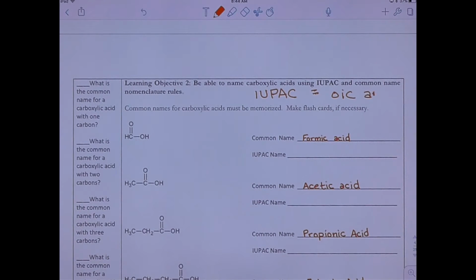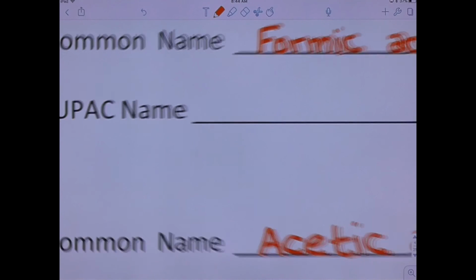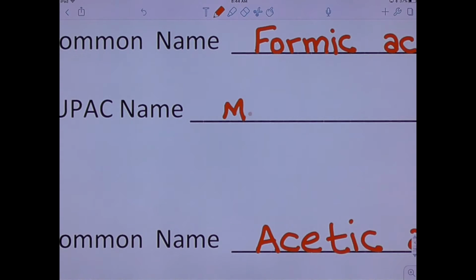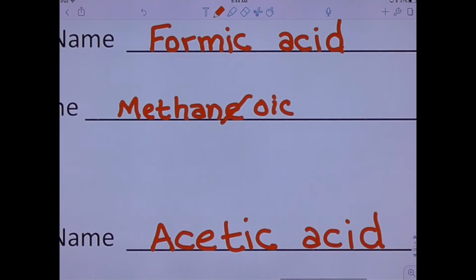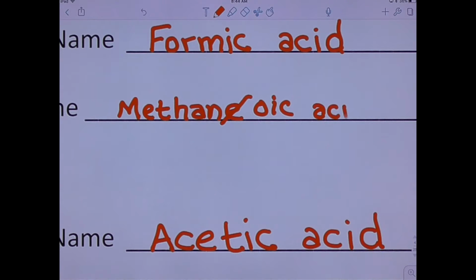And then to keep from having 2 vowels together, you usually drop the E from the parent hydrocarbon name. So you have a parent hydrocarbon that's methane. Change the ending to oic acid, methanoic acid.